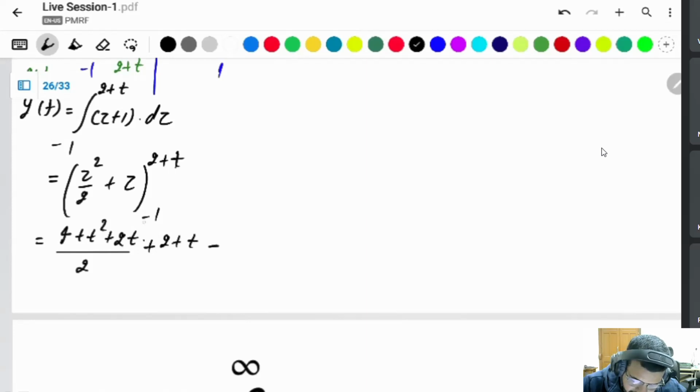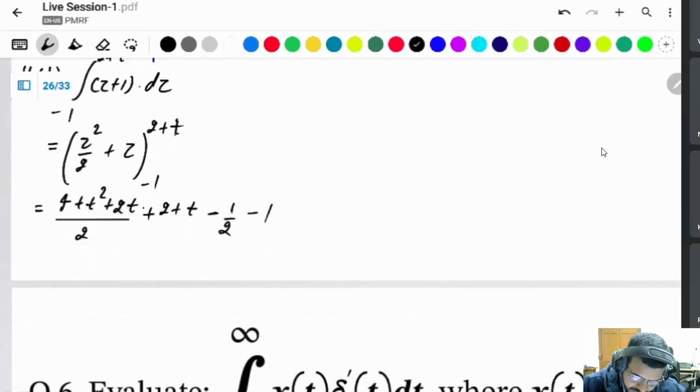Then minus of this one at the lower limit, so minus minus is plus, then 1 by 2 minus 1, and minus minus is plus 1 over here.